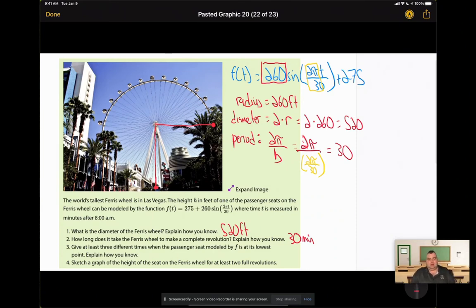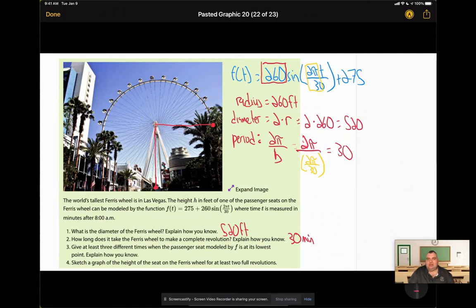We know that it starts here because there's no C value. We know that this is 275 feet up in the air. So to figure out how long, we know it takes 30 minutes to go around the whole thing. We're going to assume that the Ferris wheel stays at the same speed throughout the whole time.